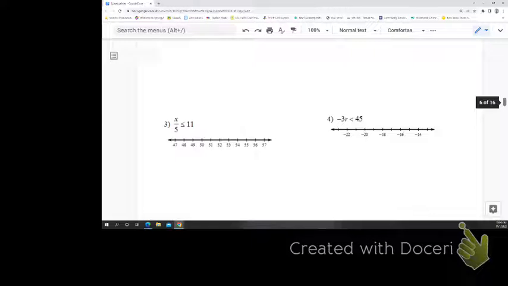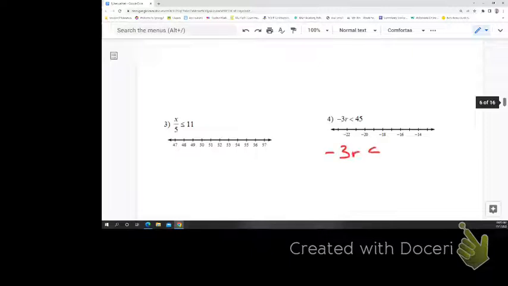If you're working one of these problems and your answer does not appear on the number line, that's a red flag. Yes, you should go back and check things. Please keep in mind, some of these, only every other number is on there. So for instance, for number 4, as I already mentioned, our symbol would change.